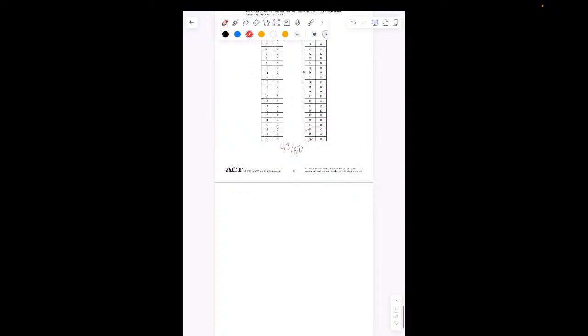Alright, let's see. What does a 42 out of 50 get me? Looking it up on my computer right now. What does a 42 out of 50 get on the ACT math portion? It's about a 27.